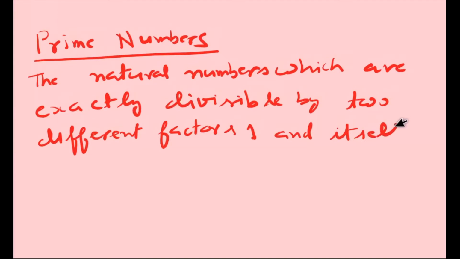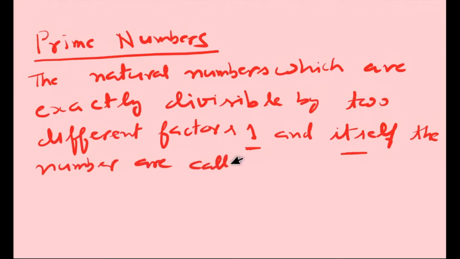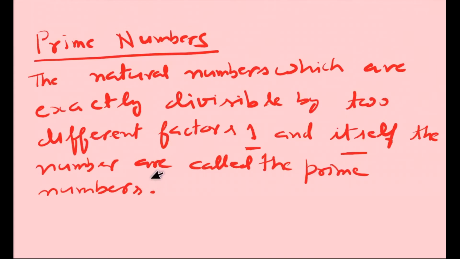This is the basic notation, 1 and itself. The numbers are called the prime numbers. So this definition you have to learn very carefully. So now, the list of prime numbers.